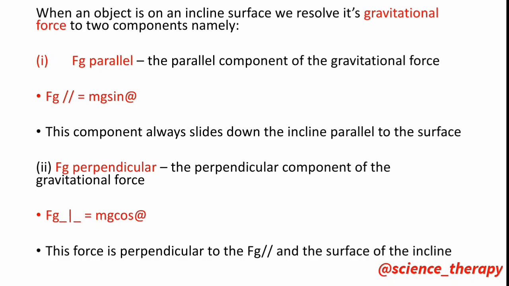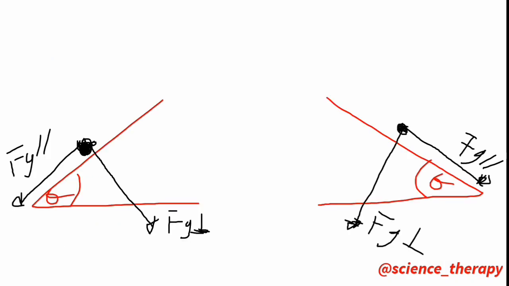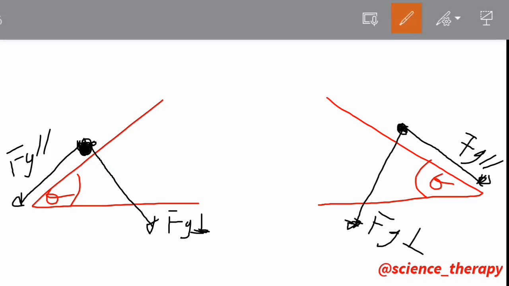Then we have another component, the Fg perpendicular. We say this is the perpendicular component of the gravitational force, having the formula Fg perpendicular is equal to mg cos theta. Now we say this force is perpendicular to the Fg parallel and the surface of the incline. That means if you have an incline sliding down to the left like that, even the Fg parallel will slide down to the left, right?